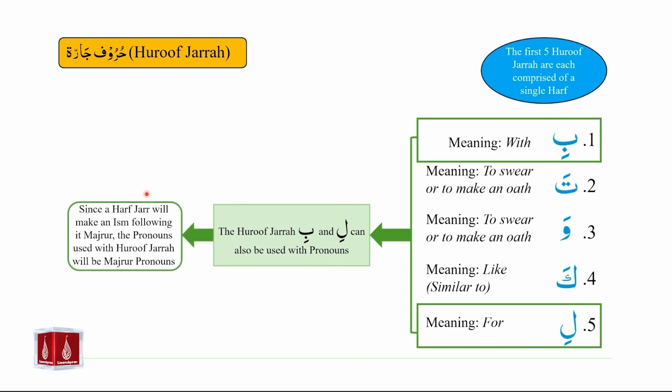Since harf jar will make the ism that follows it majrur, the pronouns that will be used with lam harf jar and ba harf jar will be the majrur pronouns. Therefore, we will need to revisit the table of majrur pronouns that we studied earlier.